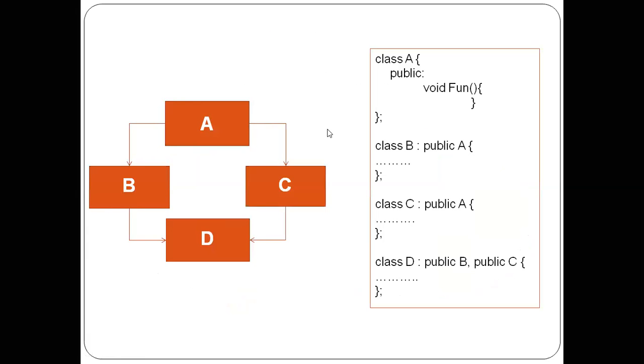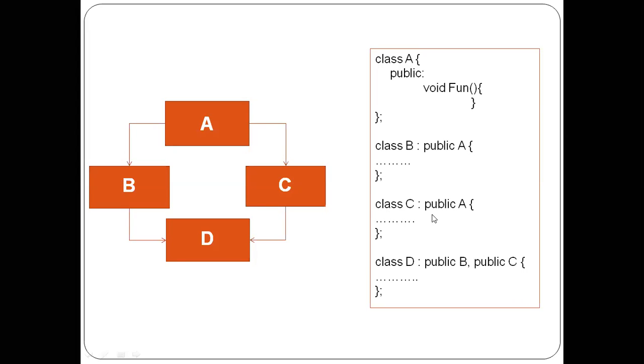Okay, so this is the example or blueprint. Assume that inside the class A, I have one method, a name function. This is the blueprint for this particular hybrid inheritance. Class B is going to inherit all the data from class A. So this is the left hand side.